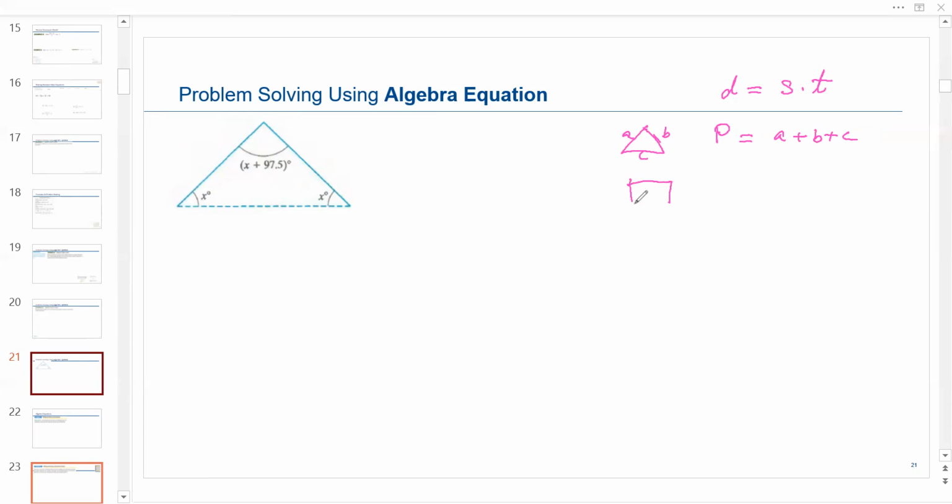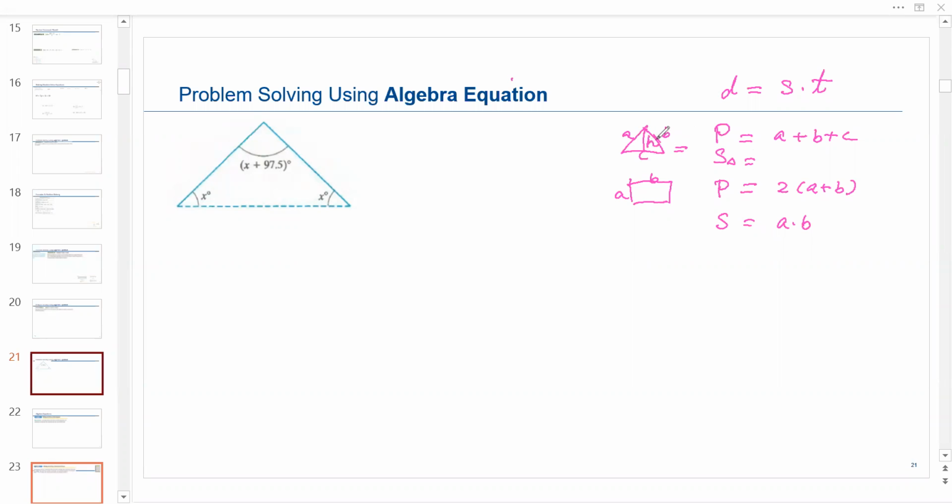If the rectangle has sides A, B, the perimeter of it is 2 times A plus B, right? And the area, this area equals what? A times B, right? What is the area of the triangle?